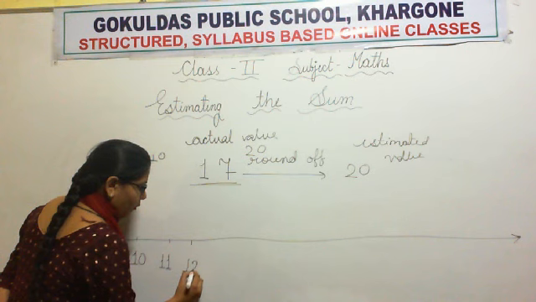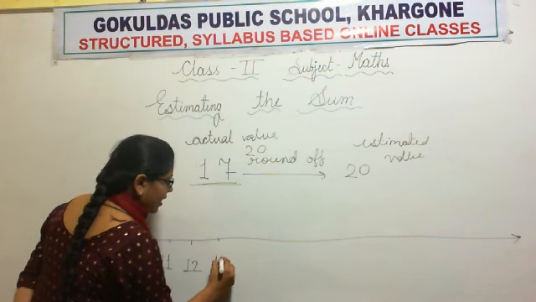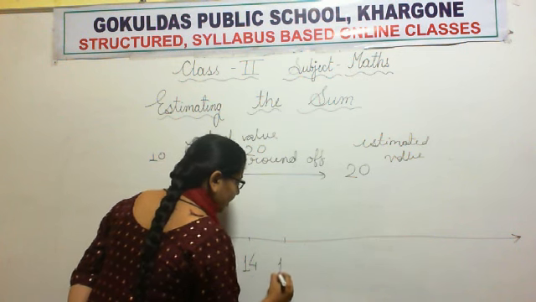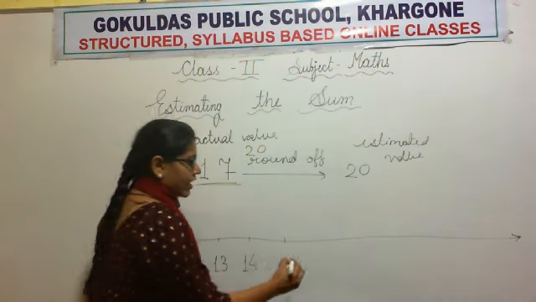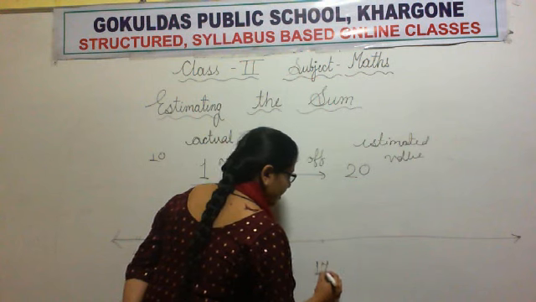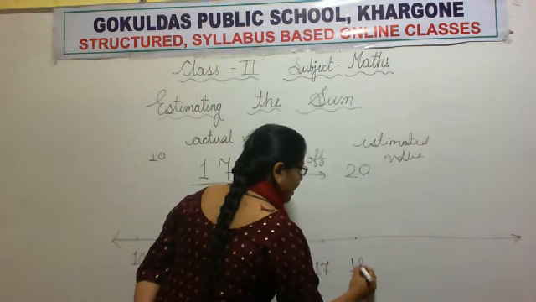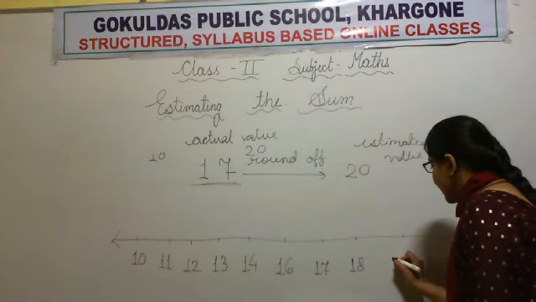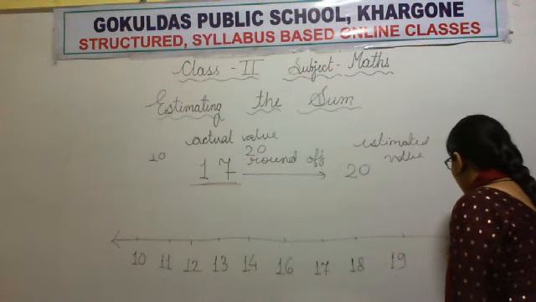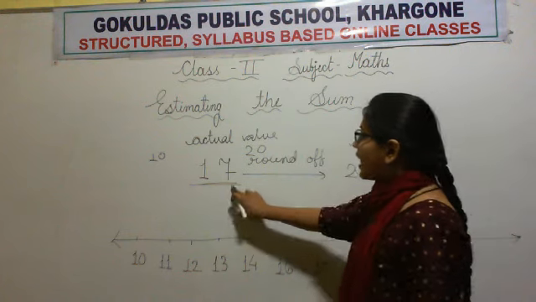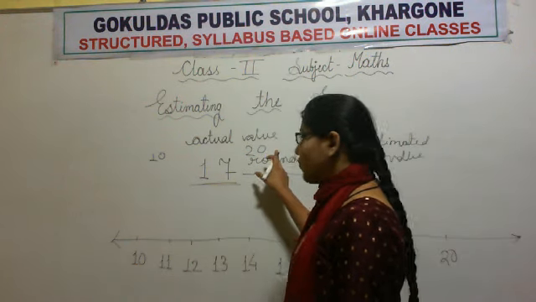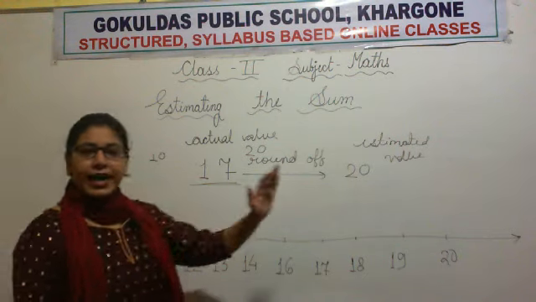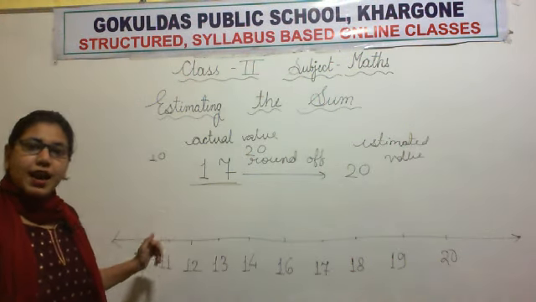Then 12, 13, 14, 16, 17, 18, 19 and 20. 17 lies between 10 to 20. That is why we mark numbers from 10 to 20 on the number line.